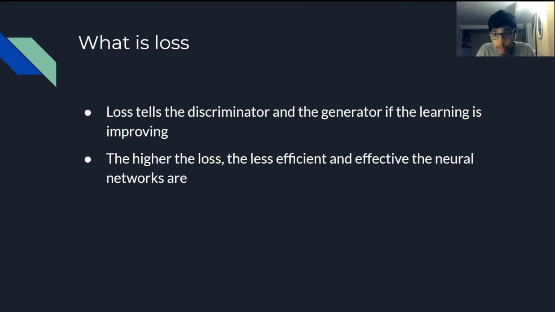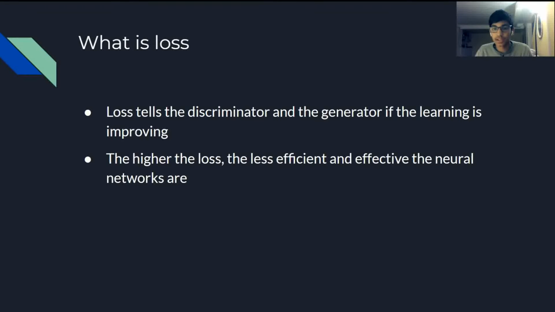If the discriminator starts to get more and more images wrong, loss will go up. This is because the program will start to know that discriminator is not learning at all. All it's doing is saying the same thing over and over again, and it's getting it wrong continuously. This means the changes that it's made to its parameters haven't made any effective change to how it determines if it's real or fake.